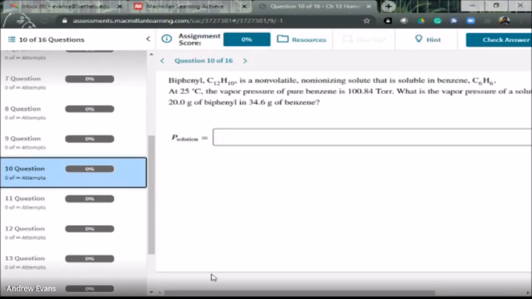So our P naught is, they say, 100.84. They say we have 20 grams of biphenyl, C12H10, and we have 34.6 grams of C6H6. So let me pull this up.